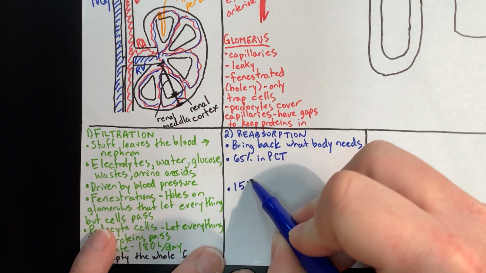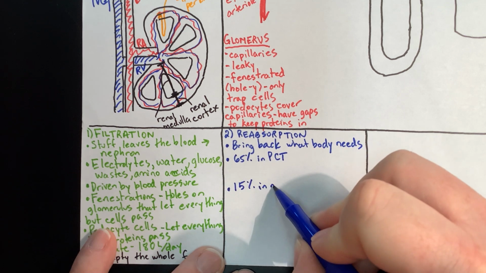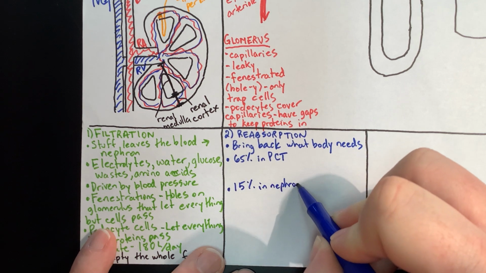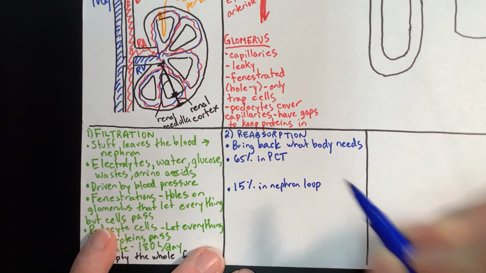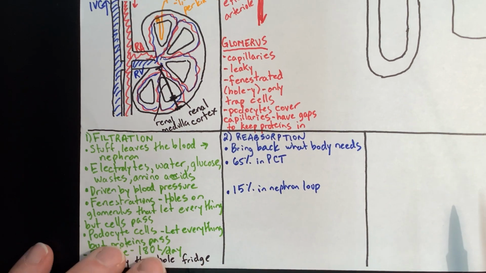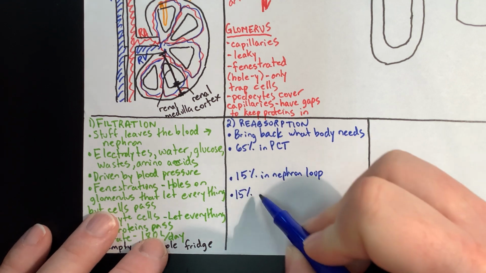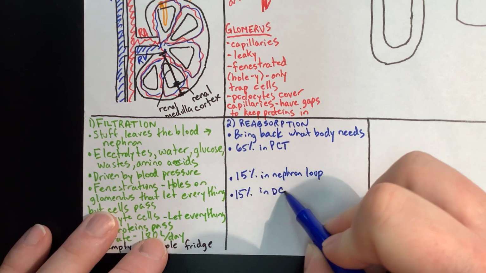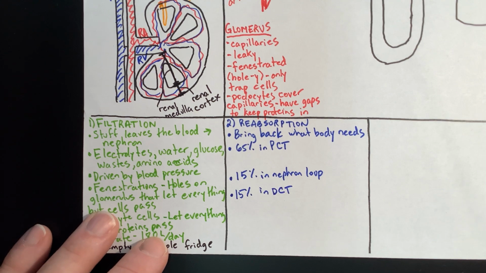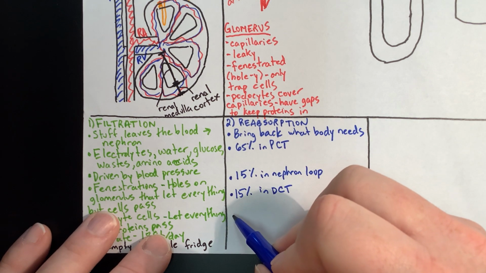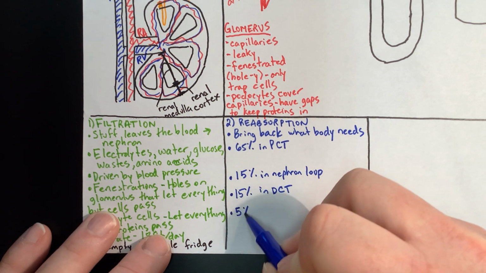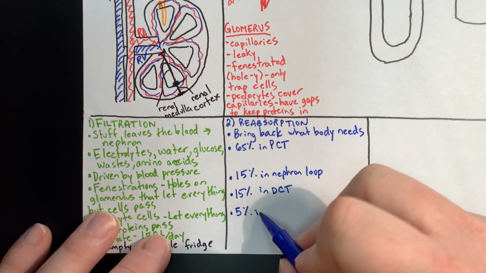About 15% happens in the nephron loop. All right, so adding that up, keeping track of the math, that's 80%. Another 15% in the distal convoluted tubule. And then the last 5% in the collecting duct.